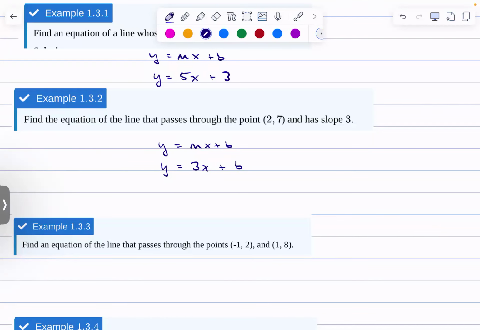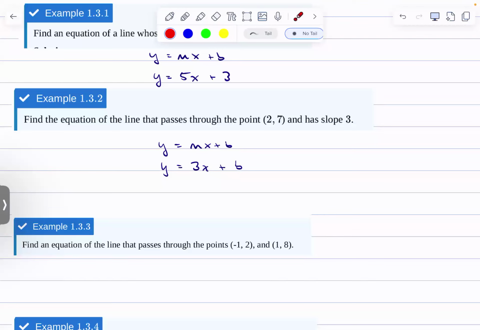How are you going to problem solve this? It has to pass through (2, 7). So x has to be 2 and y has to be 7. If x is 2, I know that y must be 7. It has to pass through this point. What if I just plug in x equals 2 and y equals 7, and then I'm able to solve for b?